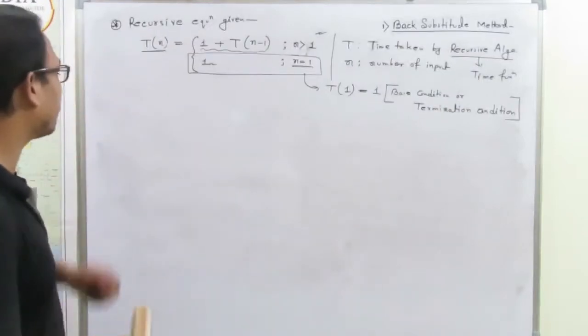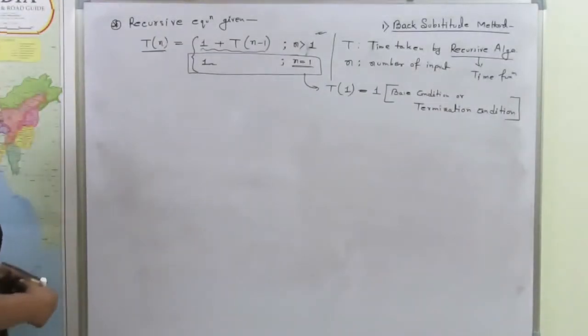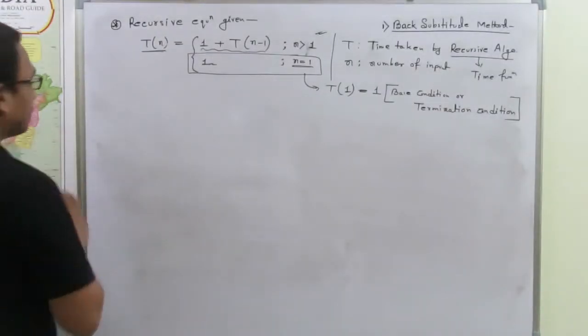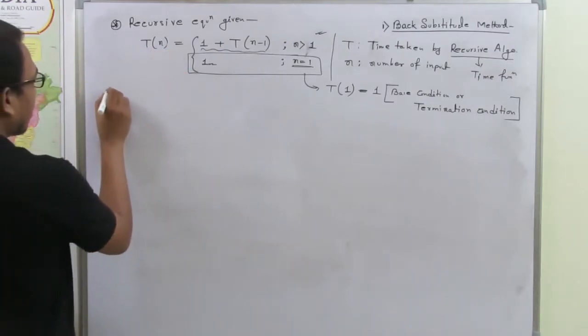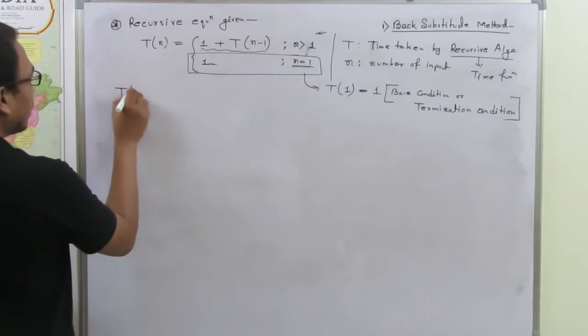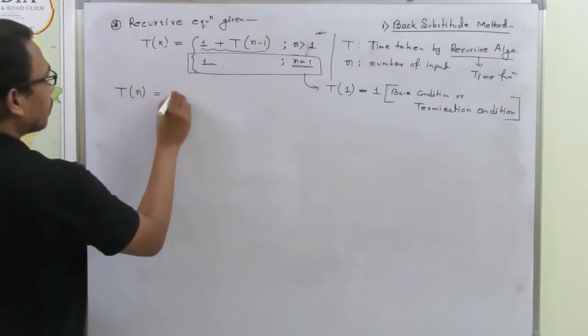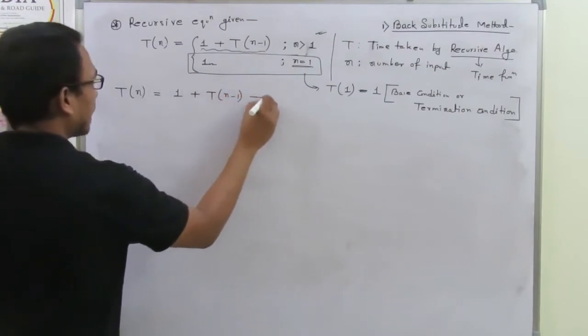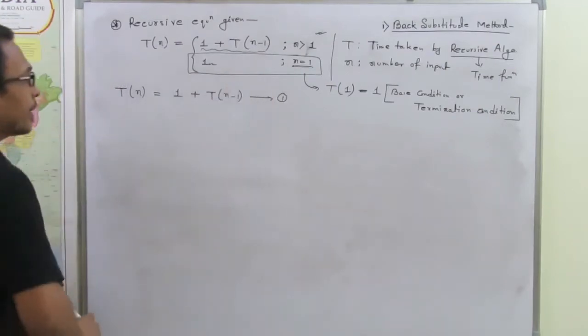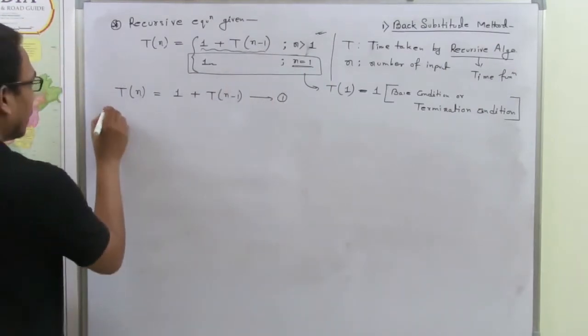Now let's start. Our first thing is that the function is given as t of n equal to 1 plus t of n minus 1. Let's take it as equation 1.